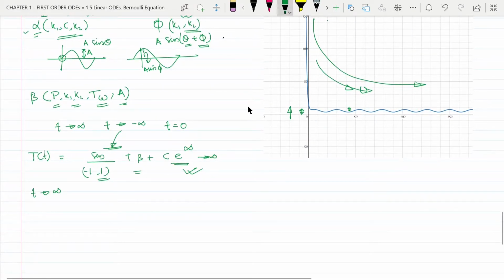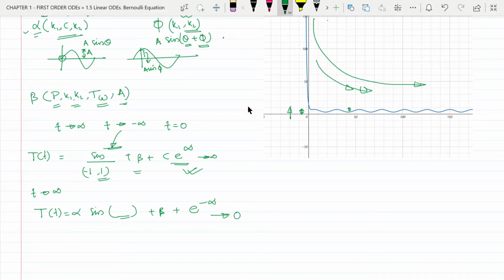So this term will be alpha sine term, plus beta plus e to the power minus infinity, and e to the power minus infinity tends to 0. So the remaining term is just a sine wave. Beta is just the offset and this is a sine wave. That is why when t tends to infinity, it looks more and more like just a sine function. You can see in this part of the graph.